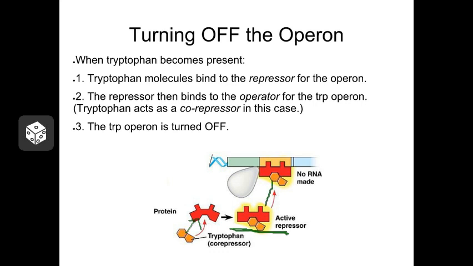The repressor with the tryptophan is going to bind to the operator of the trp operon. And look what it's doing. It's blocking that operon. So now RNA polymerase can no longer bind to it and can no longer transcribe the genes. By physically blocking the RNA polymerase, this set of genes has been turned off.